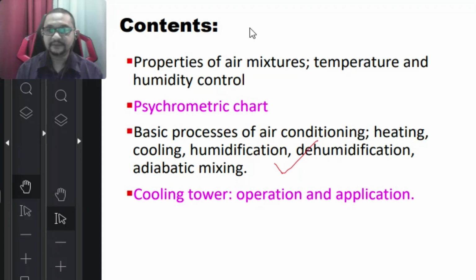In other words, it conditions the air to people's desires. So air conditioning systems are designed to satisfy the needs of human bodies. That means it is essential that we understand the thermodynamic aspects of the body.